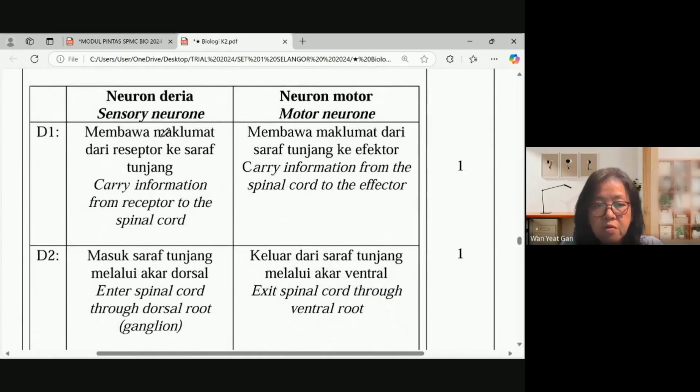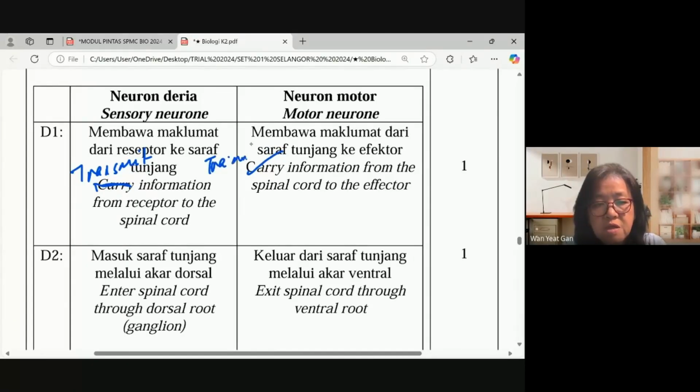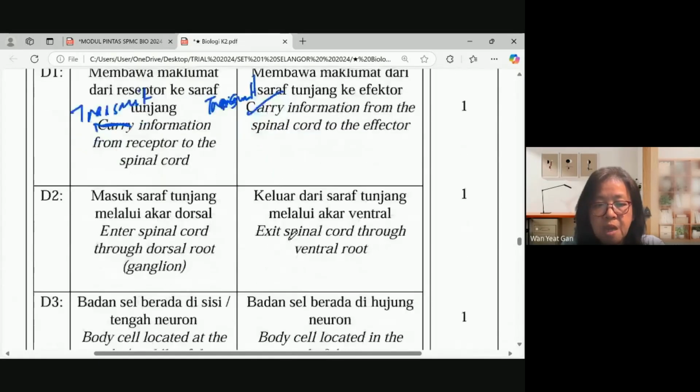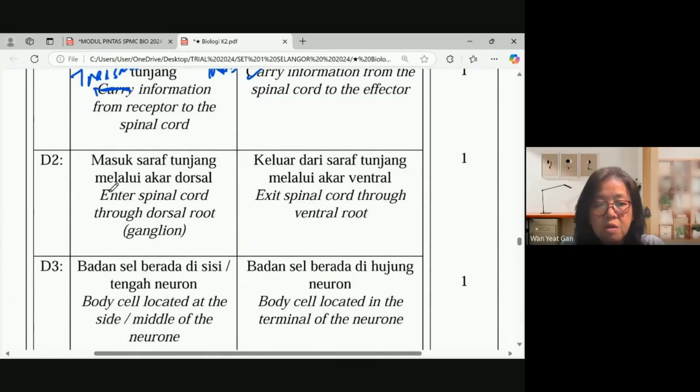Now, sensory neuron transmits information from receptor to the spinal cord or to the relay neuron, while motor neuron transmits information from the relay neuron in the spinal cord to the effector. Sensory neuron enters the spinal cord through dorsal root ganglion.